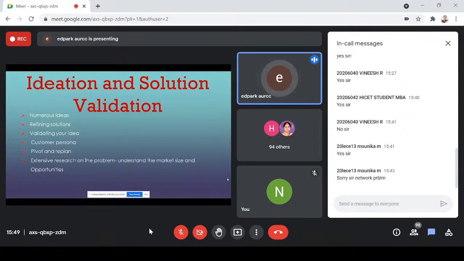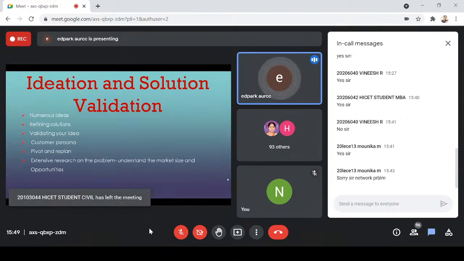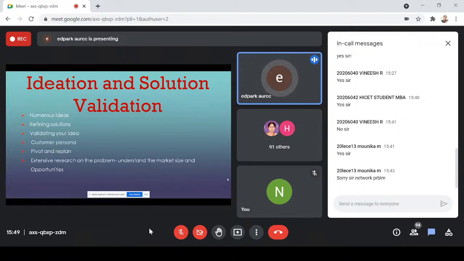It is always the easiest process, because when you are in a group of people who always give ideas, there is a greater chance to refine those solutions. I will repeat: if there is a group of people who will give ideas on a particular challenge or problem, then that group is also able to refine those solutions.